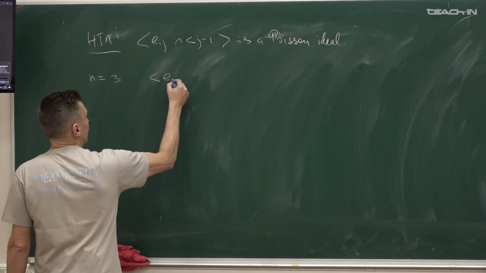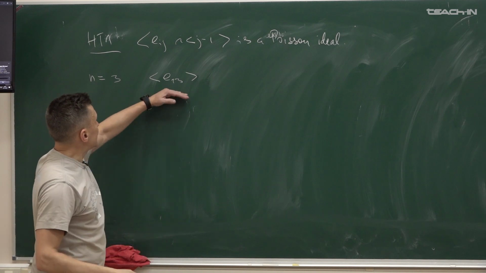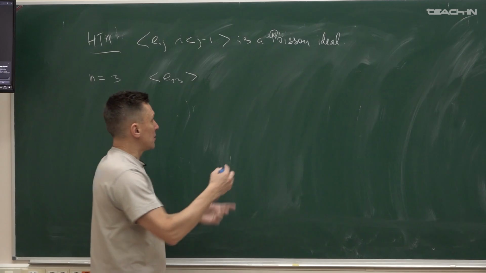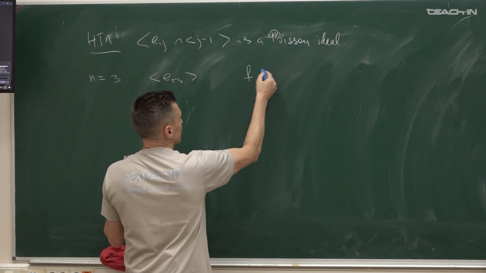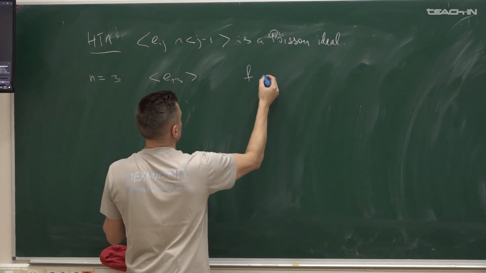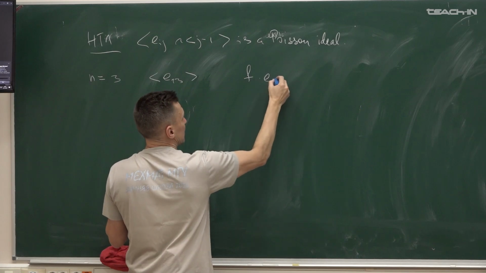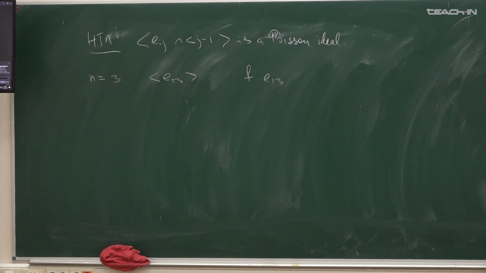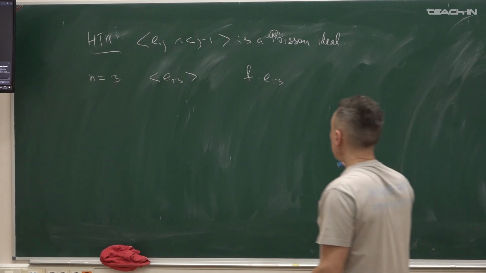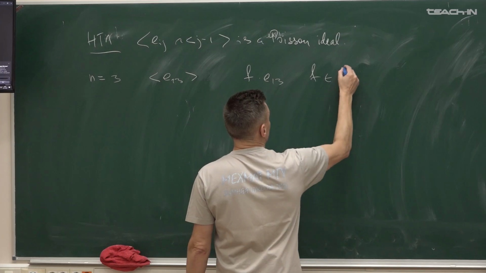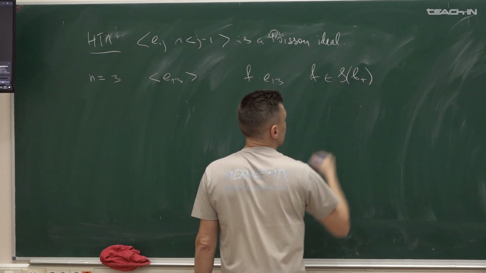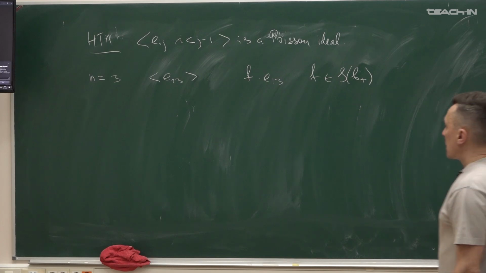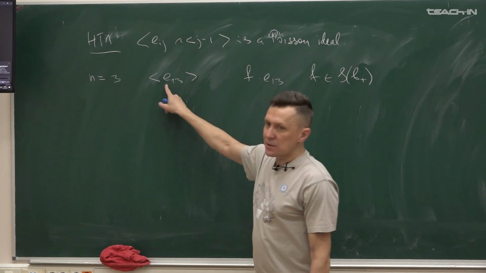There is one element, but the ideal generated by E_{13} means that it is a function, just the generic function multiplied by E_{13}. Some function from what? F is a function from S(B+). We generate an ideal by this function.